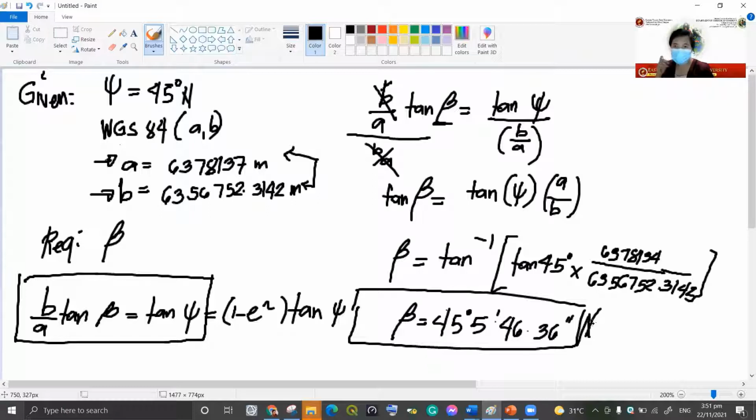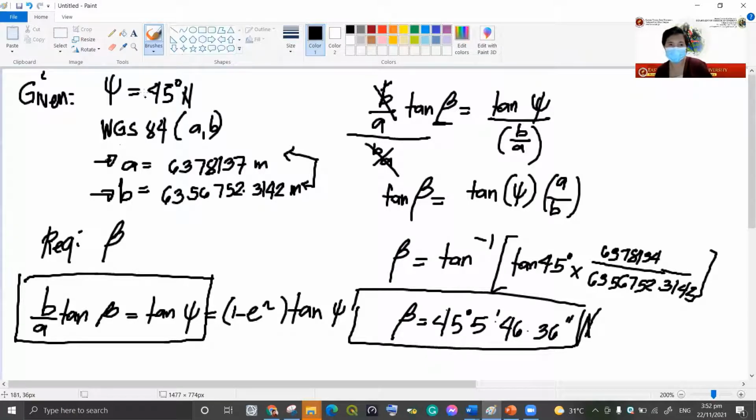To check if your answer is correct, the geocentric is always smaller than the reduced, and the largest one is the geodetic latitude.